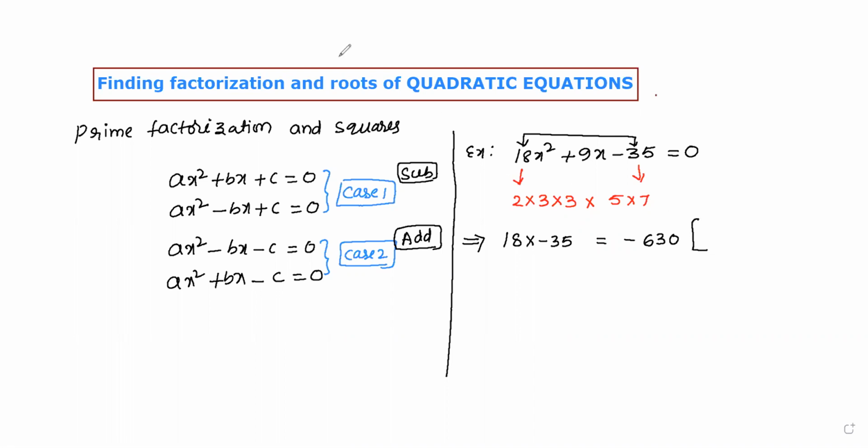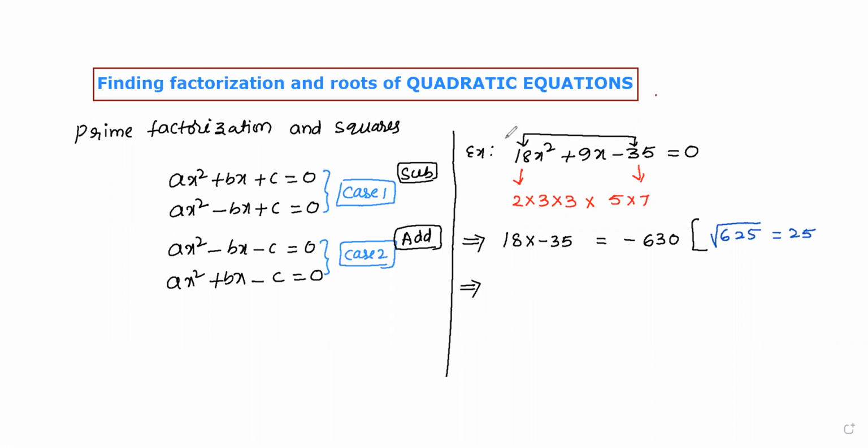The next step is to find the perfect square nearest to 630, that is 625. If you find the square root of this number, you get 25 here. The next step is we take numbers below 25, including 25.